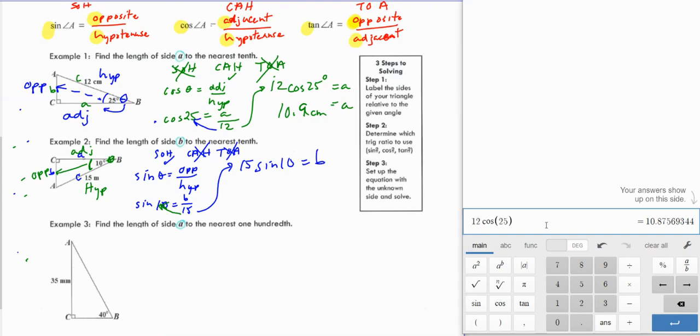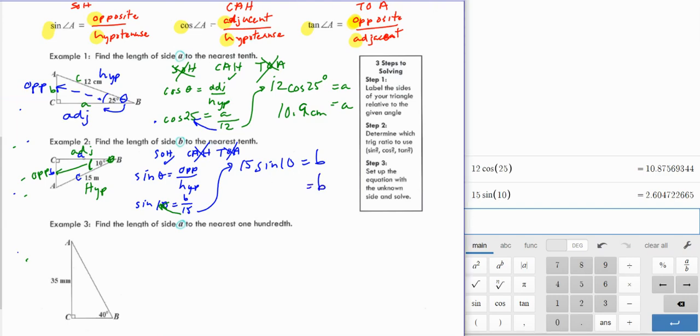So let's try that out. 15 sine 10, and we get the number 2.6. B equals, we're looking for a side length here, and they used meters in our example for the hypotenuse. So 2.6 meters. Very good. Let's keep going.